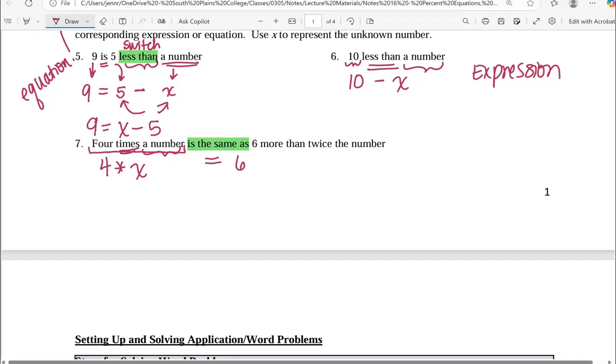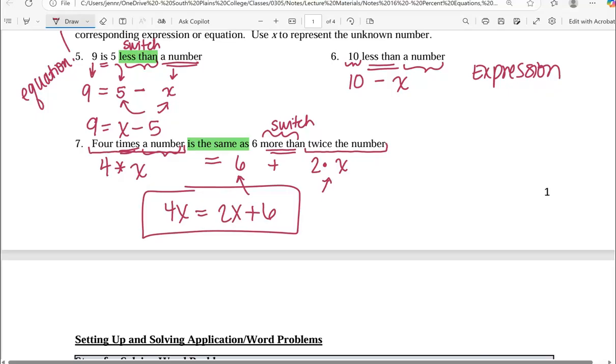Then I have 6 more than twice a number. More than tells me to add. Twice tells me to multiply, a number is x. But remember that more than is one of those that I switch the order on. So 6 and 2x need to switch orders, giving me a final answer of 4x equals, switch them, 2x plus 6.